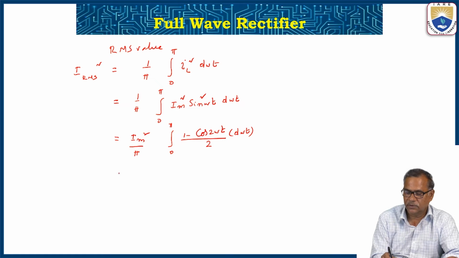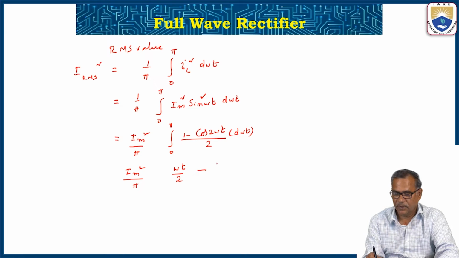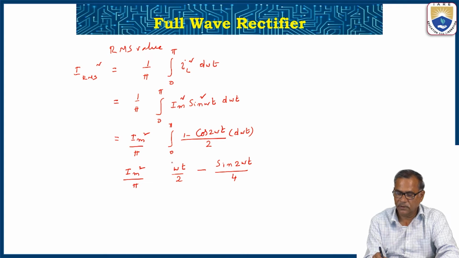So what is the value? So this is equal to Im square by pi. And what is the integral? It is 1 by 2, omega t divided by 2 minus sine 2 omega t divided by 4. And we have to find out the values for the limits 0 to pi.